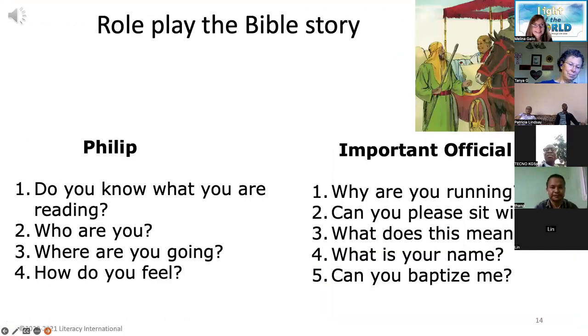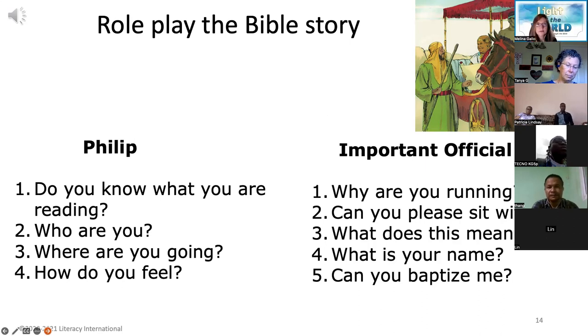Now, a final way that we can use role plays is for acting out our Bible stories. So this is an example from one of the lessons where we read about Philip and the important official from Ethiopia, the Ethiopian eunuch.